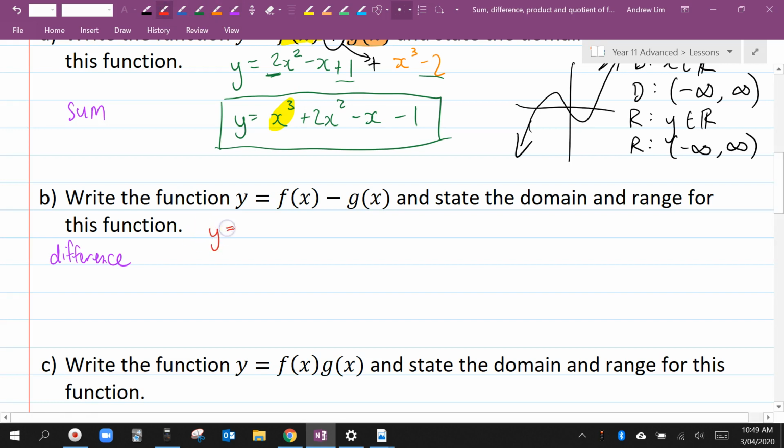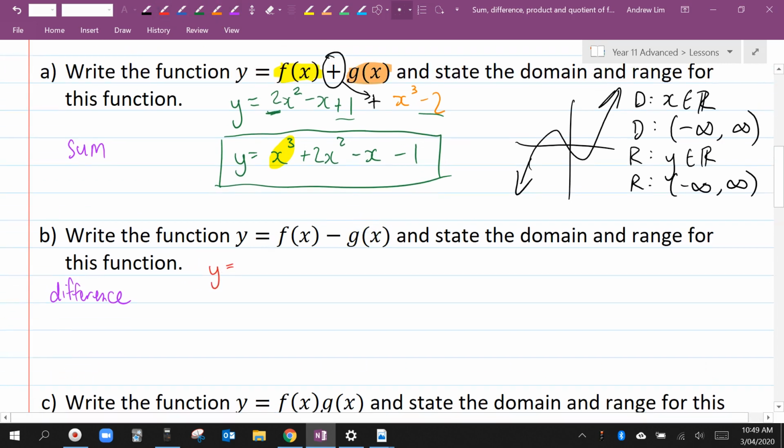Y is equal to f of x. Well, f of x we saw was 2x squared minus x plus 1. But now we are going to minus, because here it says minus, so I'm just going to put that down. We're going to subtract all of what g of x is. And g of x is x cubed minus 2, which means we need to subtract all of it.